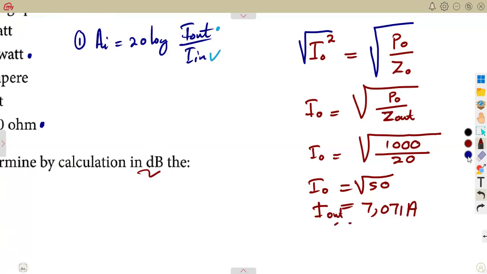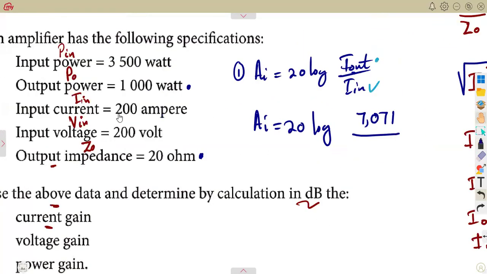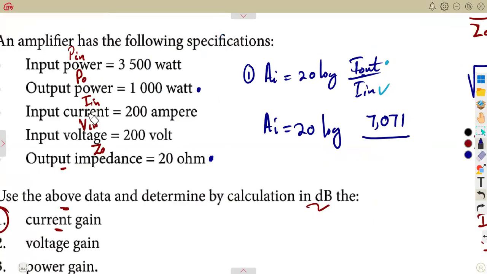With this output current, we are now going to calculate our gain, which is 20 log of the output current, the one that we obtained, 7.071, over the input current, which we are already given from the information. The input current I in is given as 200 amperes.